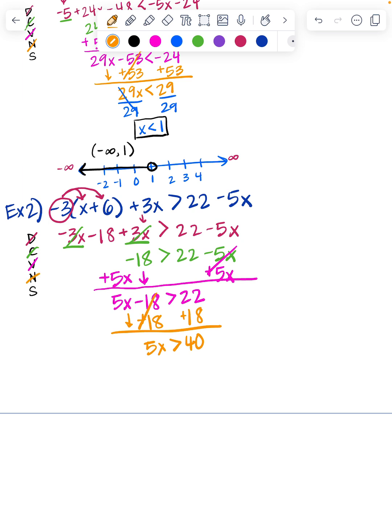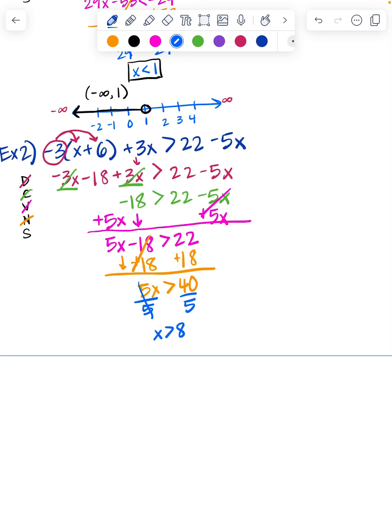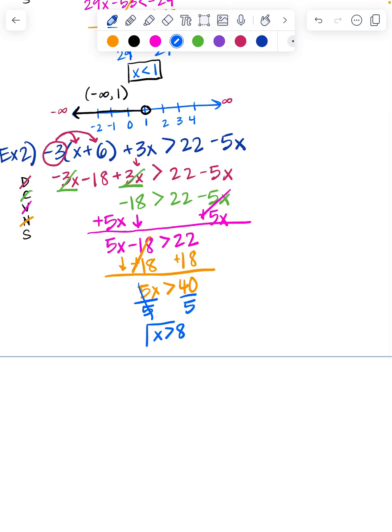And the last step is solve. Divide by the coefficient. X is greater than 8. Okay, now I have my inequality notation. Here's my number line with 8 in the middle.